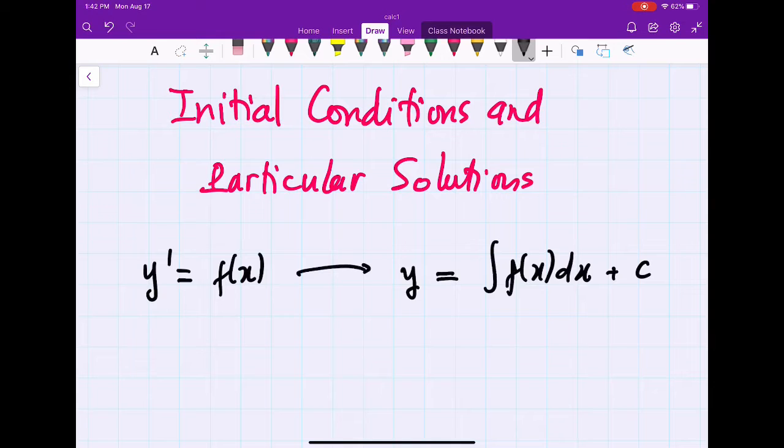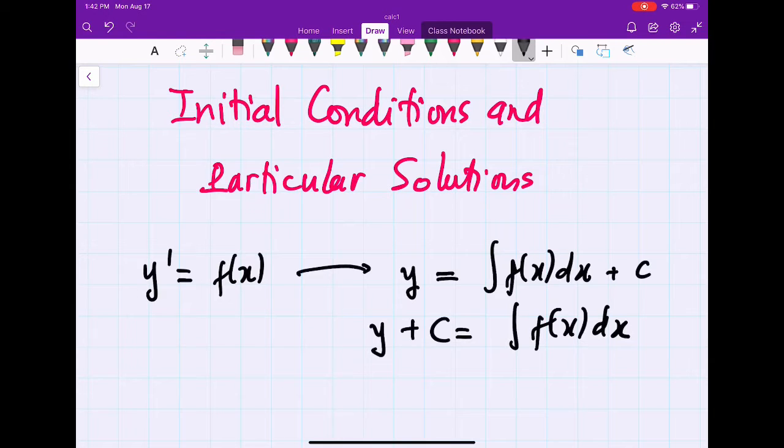Because we know, if y is an antiderivative of the function f, then y plus c is also an antiderivative. So the problem is we have a family, so we need to recover the function.